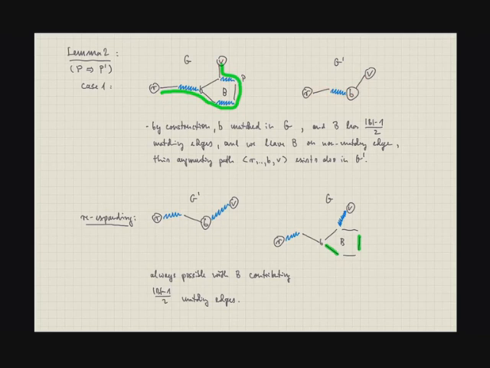And the re-expanding also works. So suppose I take this augmenting path and I flip matching and non-matching edges on this augmenting path, and I have the situation down here in G prime, right? So I have these two matching edges where previously I only had one on this path.